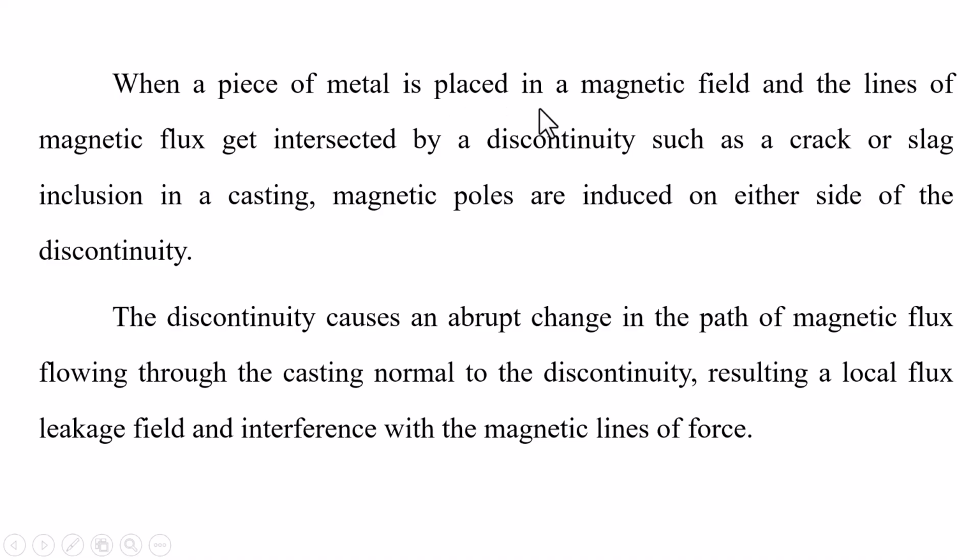When a piece of metal is placed in the magnetic field and the lines of magnetic flux are intersected by a discontinuity, such as a crack or slag intrusion in a casting, magnetic poles are induced on either side of the discontinuity. I already mentioned this with reference to the figure.